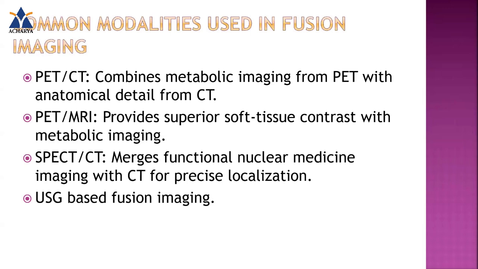First of all, PET CT is a hybrid imaging combining the metabolic imaging from the PET and the anatomical details from the CT. Likewise, PET MRI is the combination of the PET, that is the metabolic image, and the structural image through the MRI. SPECT combines SPECT with the CT.